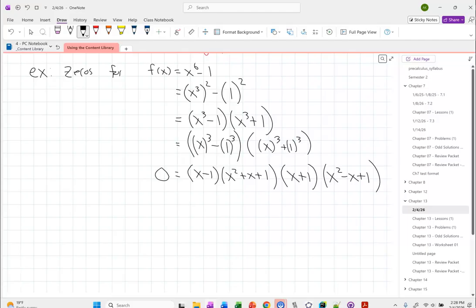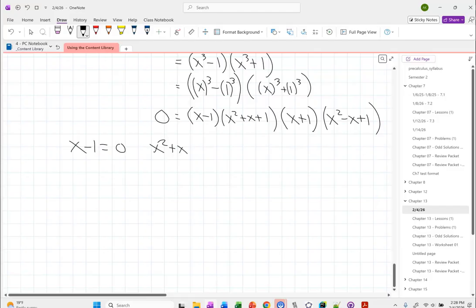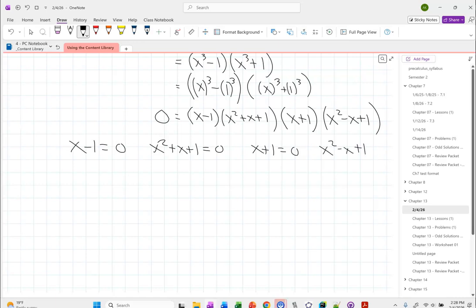So I'm going to set it equal to 0. I apply the zero product property. Set each factor equal to 0.